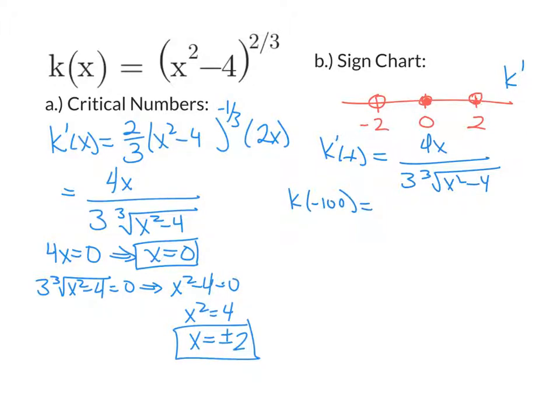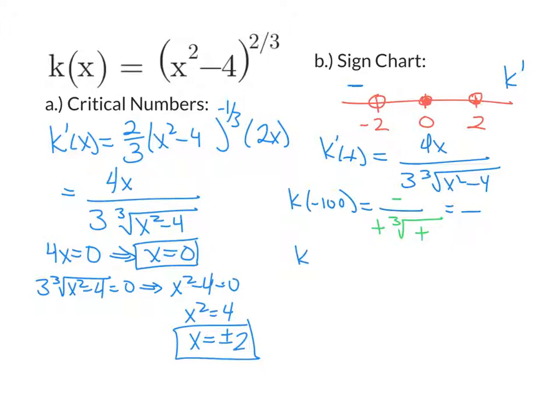I don't really care about what the values are, but as I create my fraction, if I'm using x as negative 100, 4 times negative 100 is negative, 3 is positive, and then I'm going to take the cubed root of negative 100 squared, which is positive and large, minus 4. So that'll stay positive. This entire fraction will be negative. So on my sign chart, we have something negative.